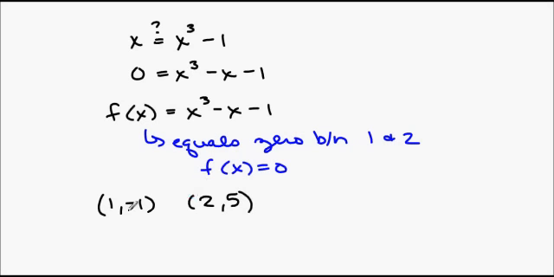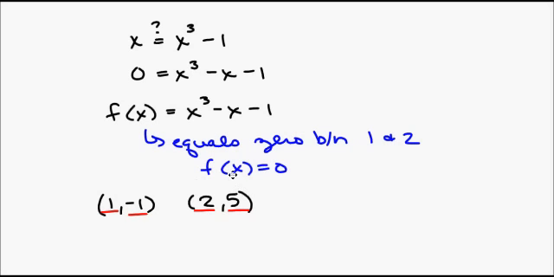Okay, so there are x values, since it's a continuous function, there are x values between 1 and 2. And 0 is a y value between -1 and 5.